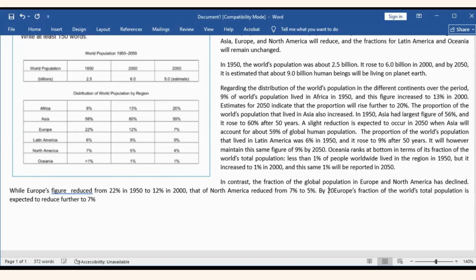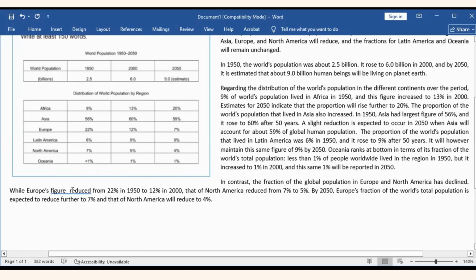By 2050, Europe's fraction of the world's total population is expected to reduce further to 7%, and that of North America will reduce to 4%. Full stop.